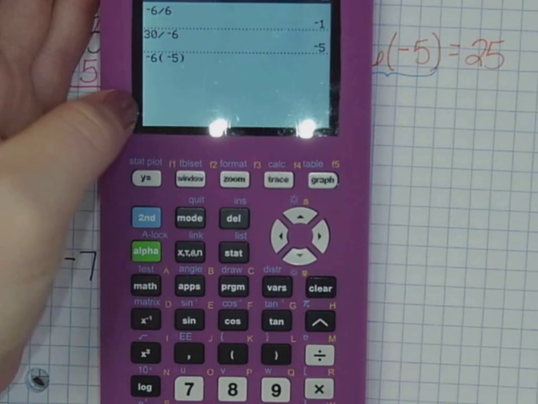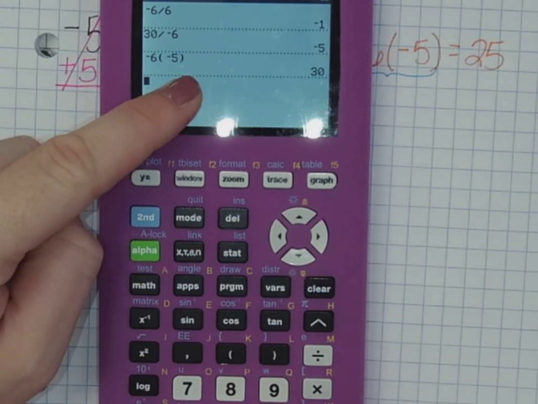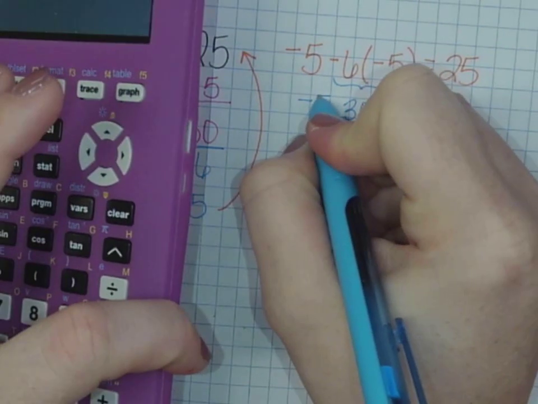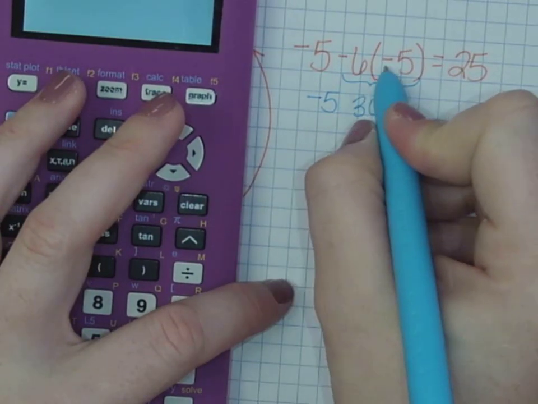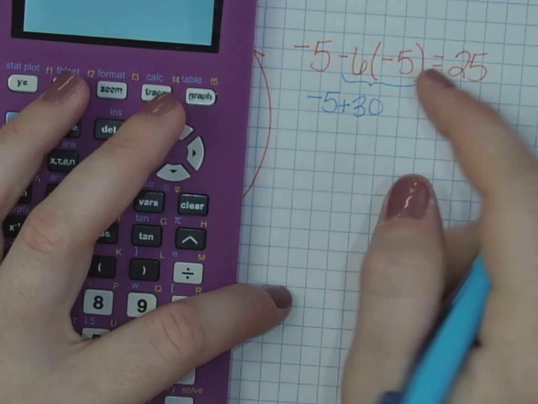Sorry, you couldn't even see it. Negative 6 times negative 5 is 30. Now, since this 30 is positive, since it's a negative times a negative, you have to make sure to keep that positive right there.